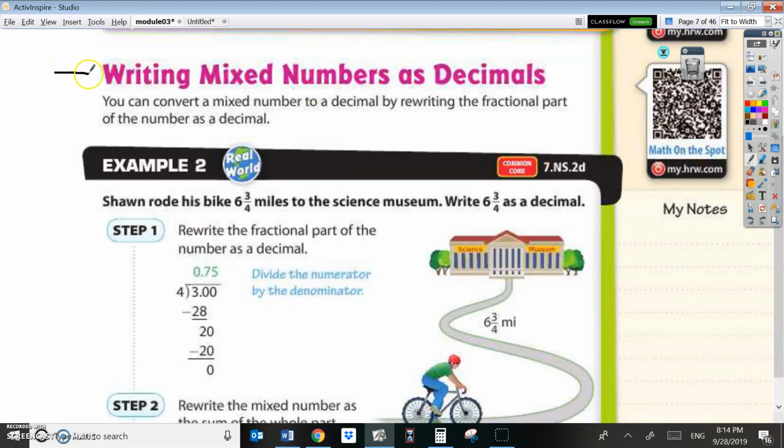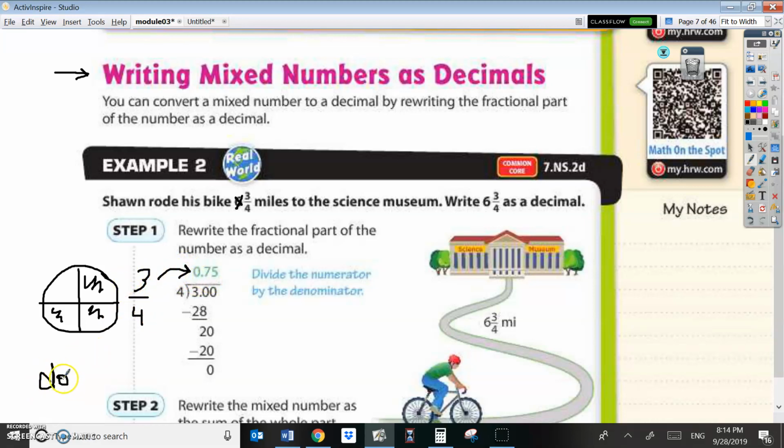Mixed fractions as decimals, all you do is you forget about the whole number. 3/4 is 75 cents, like a dollar, right? If you think of a dollar, 3/4 of a dollar is 75 cents, right?